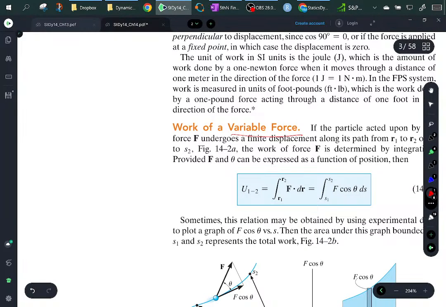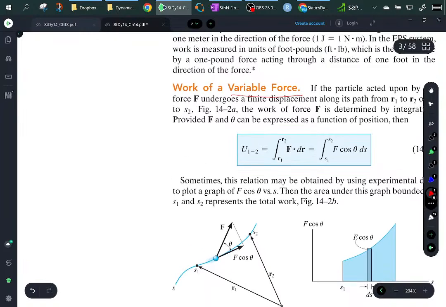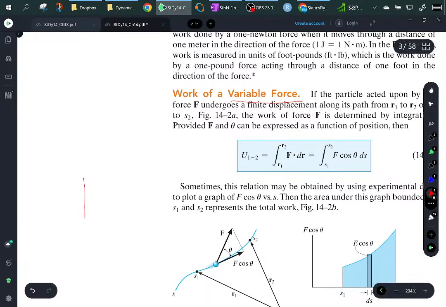Now, a variable force might be a spring. If you look at a spring and you initially push on it, and here's where your spring is, and you push on it with a force, if it's unstretched, that's going to be your force value. As you push it deeper and deeper, it's harder to push it.